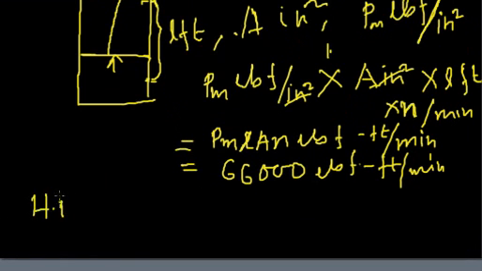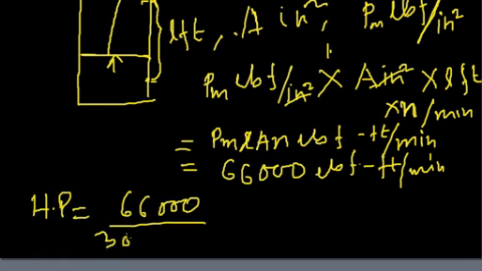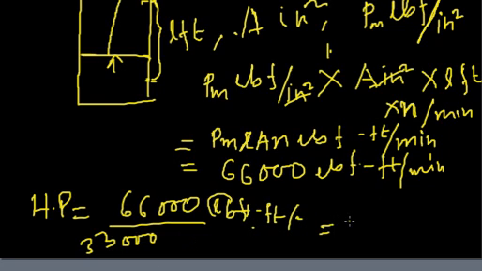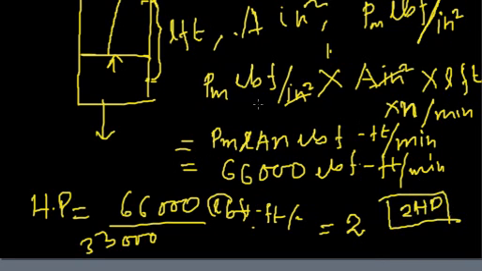Horsepower will be, of course, 66,000 by 33,000, and of course their units are the same, pound force feet per minute. Pound force feet per minute will cancel out, so we will get a real number 2. So this engine has horsepower 2. So this engine is a 2 HP engine.